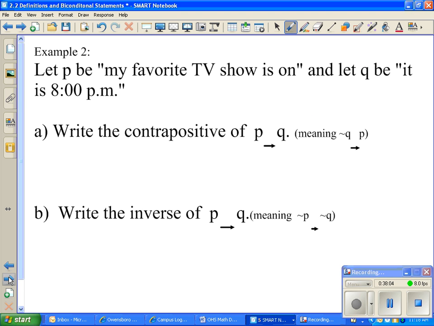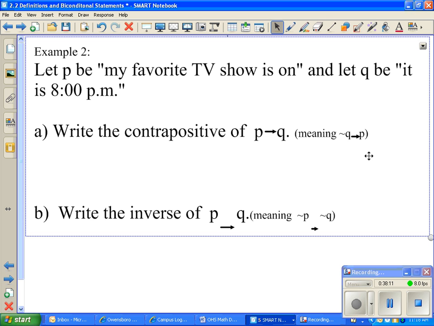Example 2, same kind of concept. The contrapositive may have a little not, so it means not Q, then P. That's what it means. So what's not Q?